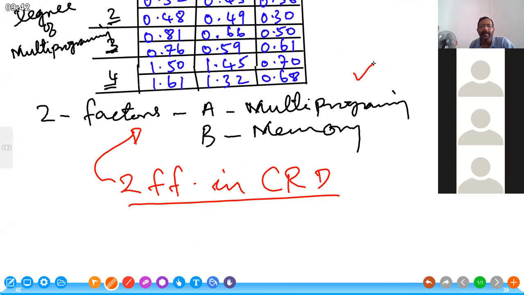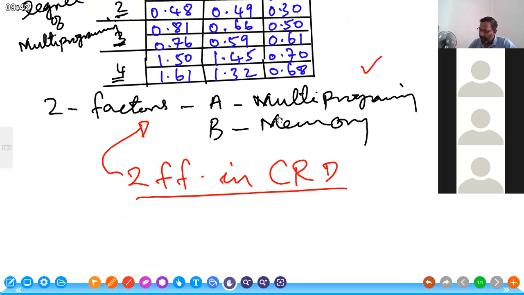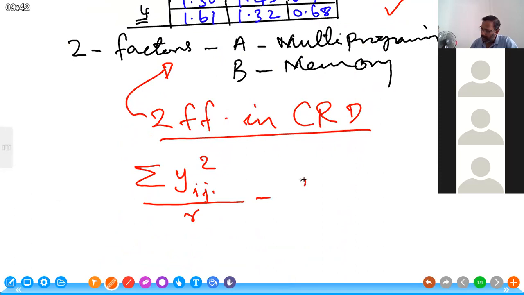Everybody get ready. If you have any problem in calculation, you'll have to tell me. For example, we said summation of y_ij dot square divided by r minus correction factor. Correction factor is actually y dot square divided by abr.